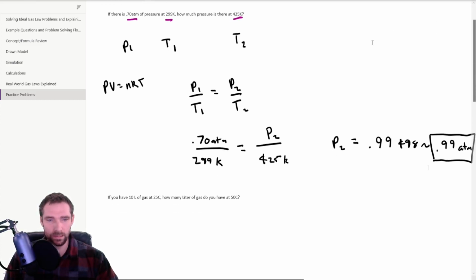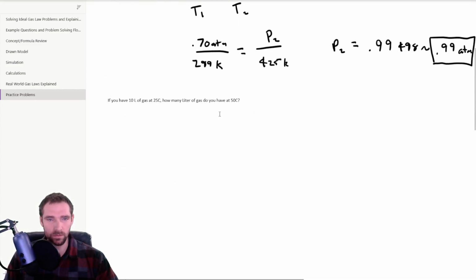If we look at this next one, we're going to have some gas. It looks like we've got volume and some temperatures. The first thing I'm noticing is these are Celsius, so we've got to be careful about that. We've got to turn them into Kelvin.